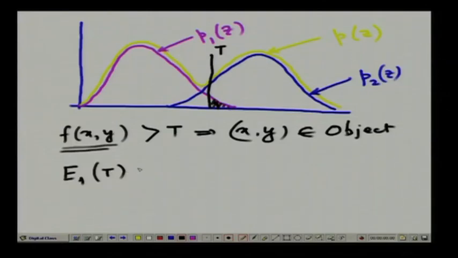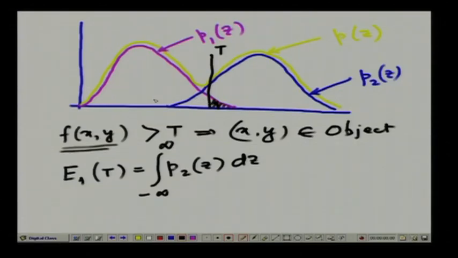So, write this as E 1 t is equal to the integral of P 2 z d z, taken from minus infinity to t. So, what is this? This is the probability that this is the error incorporated, that an object pixel may be classified as a background pixel.